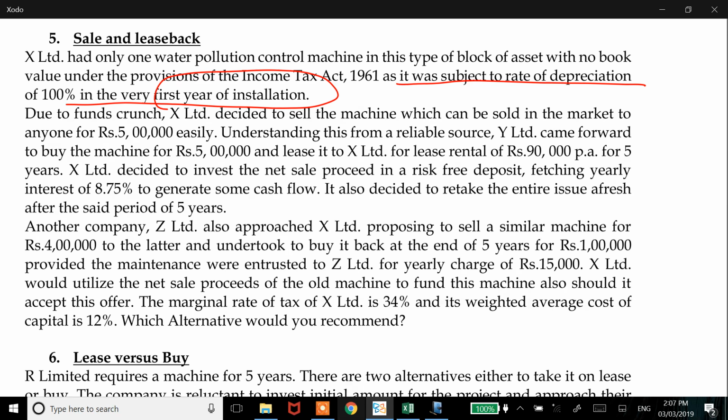And it will have a tax benefit of rupees 1,36,000, in bracket 4 lakh into 34%, in year 1. Any doubts on this?